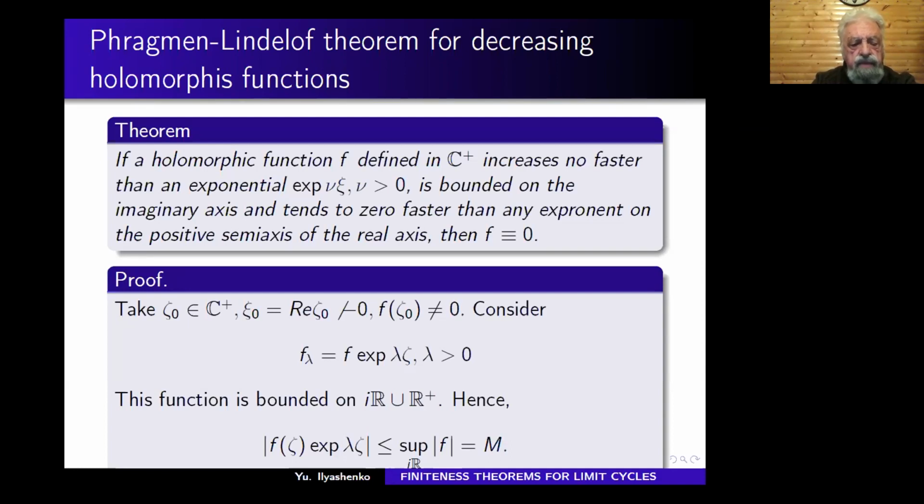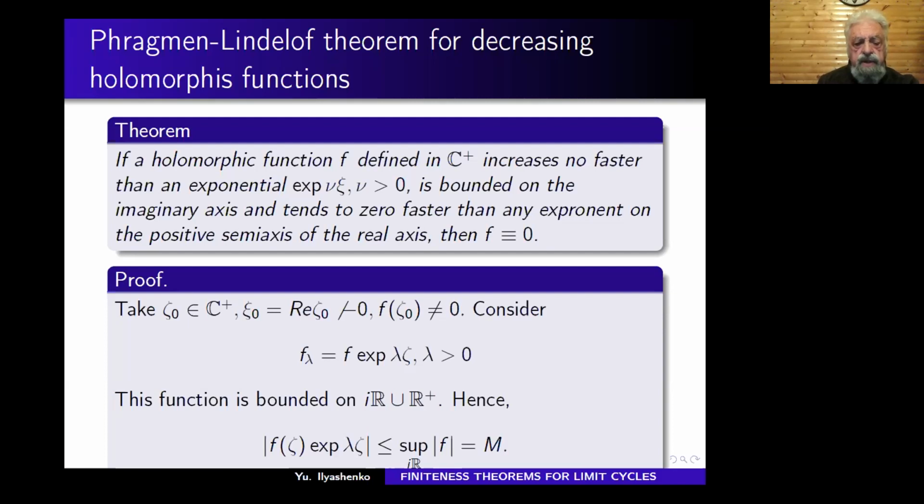We take a point in the right half plane where our function is non-zero, and multiply our function by exponential of lambda zeta. Lambda is greater than 0. The exponential of lambda zeta is bounded, having modulo 1 on the imaginary axis, and therefore it does not change the maximum modulo on the boundary.